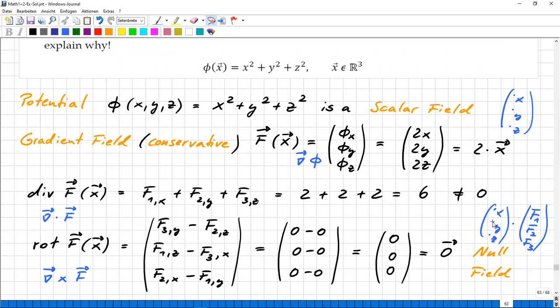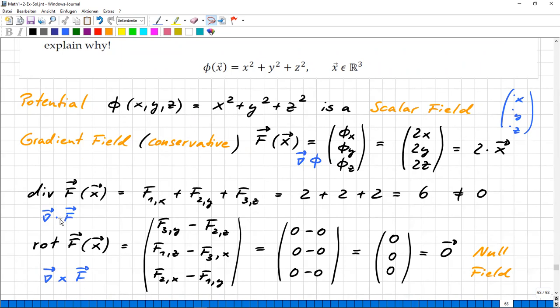So this plus this plus this is how you build a scalar product. This is just a formal trick to remember how nabla has to be used when applied to a vector field. Also, we will see that the so-called rotation corresponds to a vectorial product between nabla and field. So let's stay here.